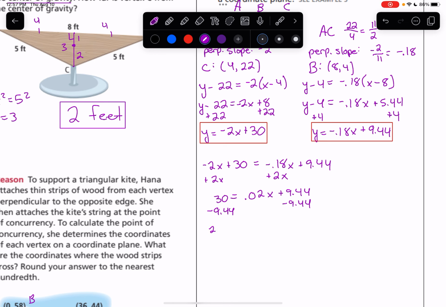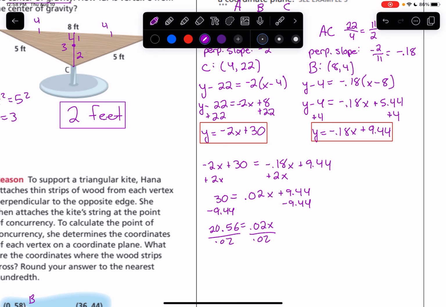I get 21.56, I think. 30 minus 9.44, 20.56 rather. All right, equals 0.02x divided by 0.02. And I get 1,028. Why does that seem not correct?